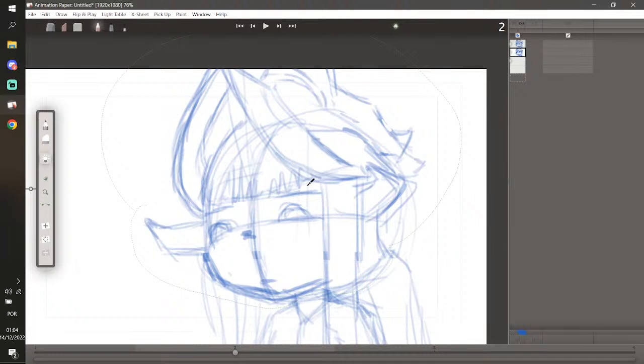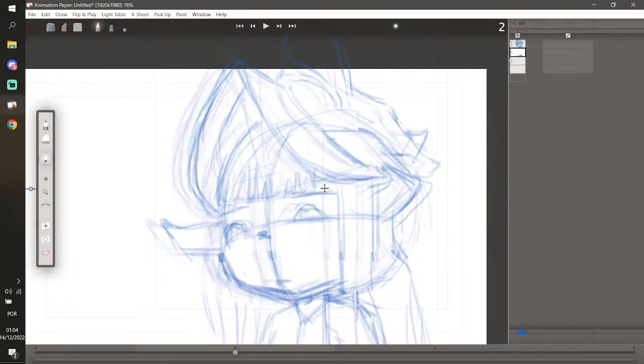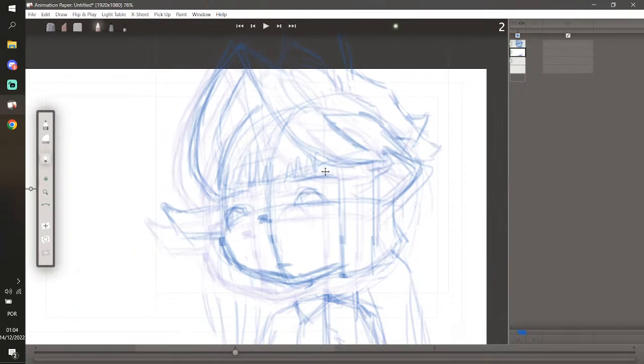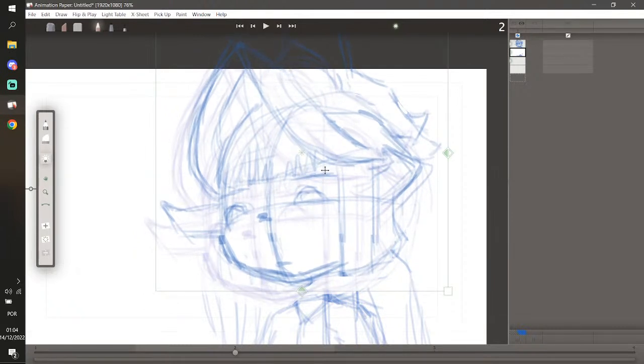Do you have any tips for when a character's head is turning?